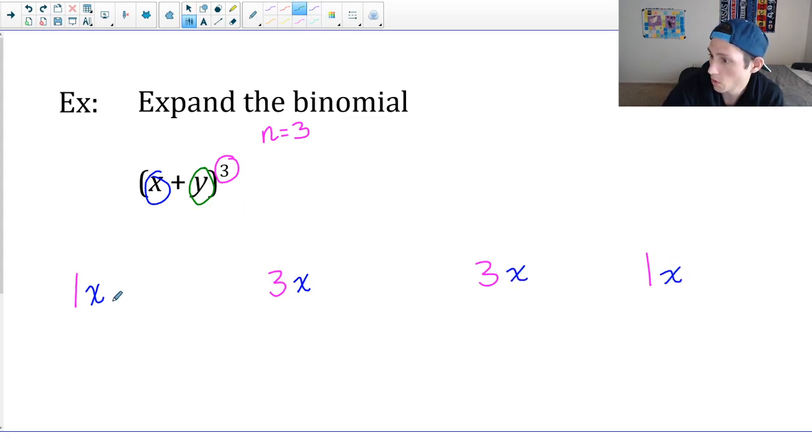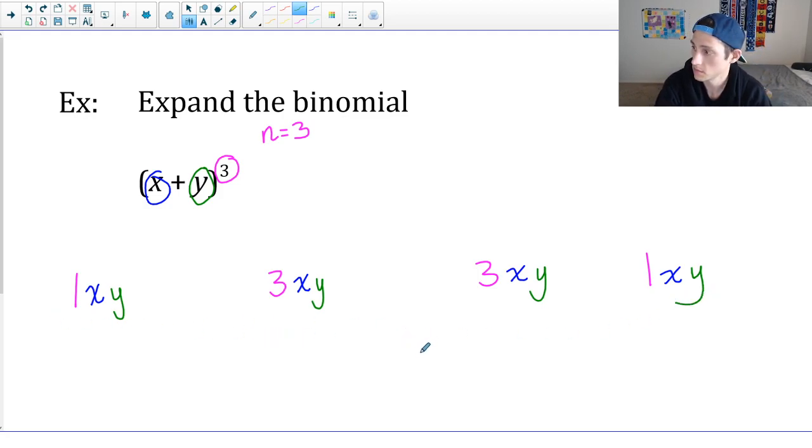Every term is going to have a y on it: y, y, y, y. Okay? And now here's what we do. We start almost opposite. So for the x, this first term in whatever the binomial is, I'm going to make that exponent 3, which is just whatever the n is.